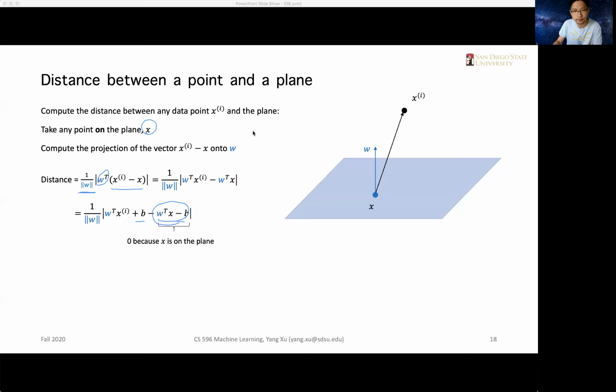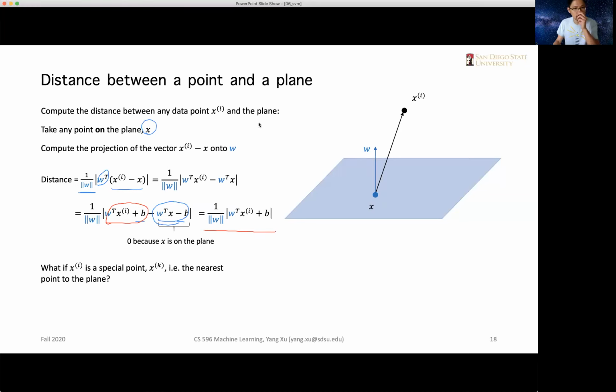And what's left within the distance is the first part. Only this part is left within the absolute value. So the distance between xi and the plane is this one.